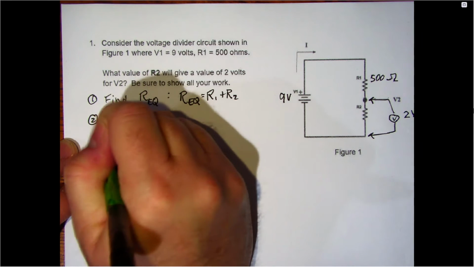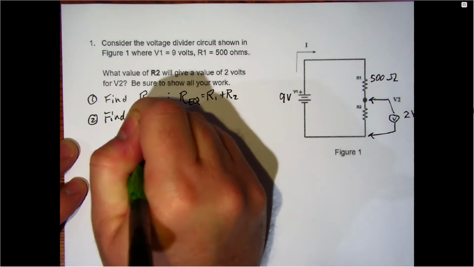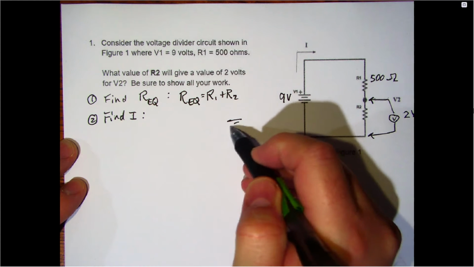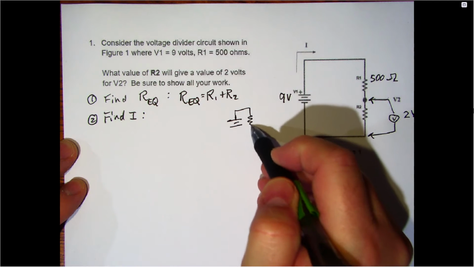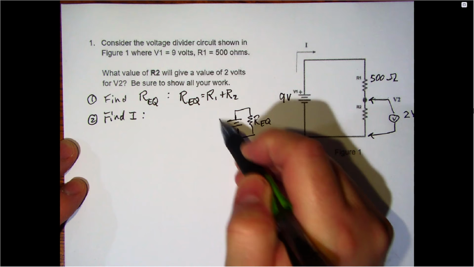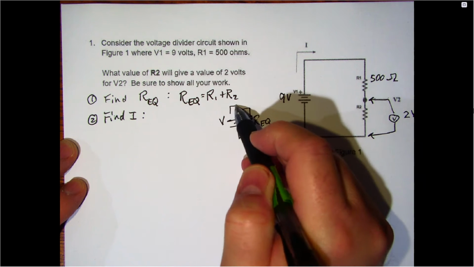Second thing is find the current leaving the battery. When we find the equivalent circuit, we're effectively taking the circuit and making it look like this, where this is R equivalent and this is V, and our current comes out here.